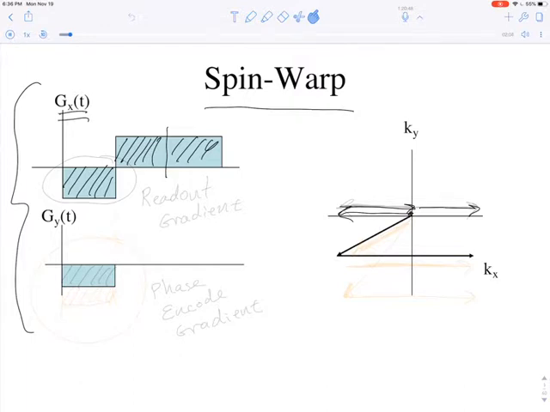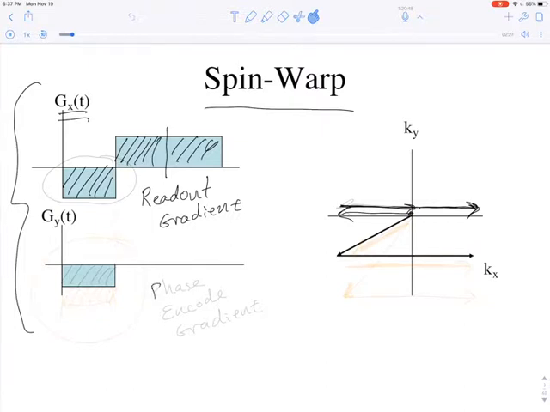The other element is, so this is what's called the readout gradient. This is basically reading as we're going along in this direction here. So this way in K-space, we are essentially reading out the data. That's why it's called the readout gradient.